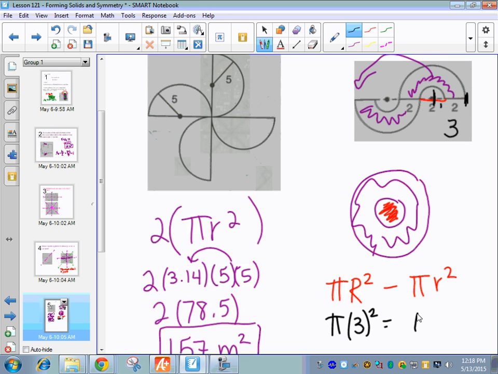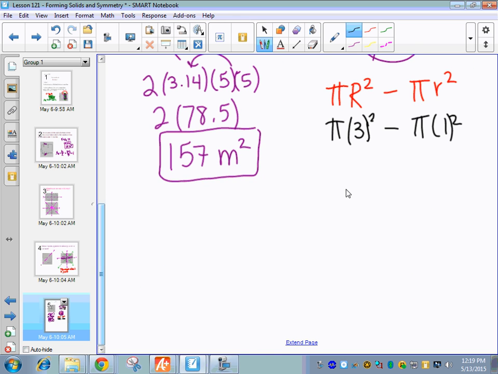Okay, minus the radius of the little circle is what? Anybody know what the radius of the little circle would be? 1. Good. All right, so 3 squared is 9. 1 squared is 1.